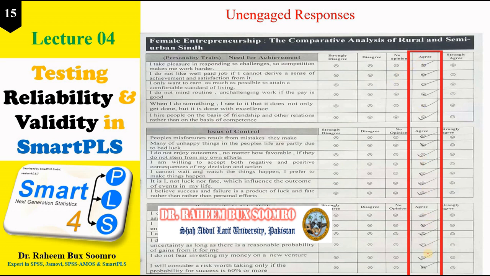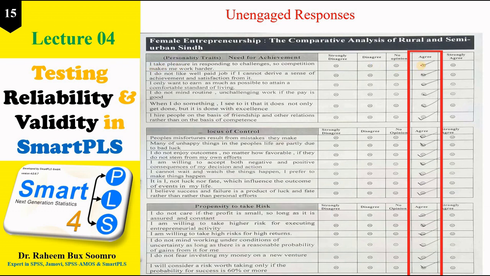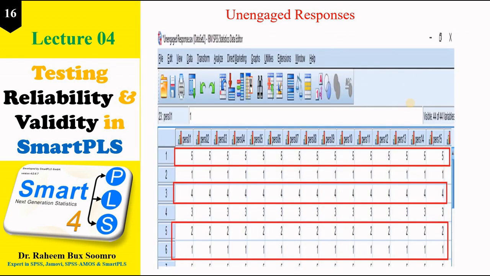All these are unengaged responses. For every question, for every item, the fourth choice, 'agree', has been selected by the respondent. This shows that there is an unengaged response problem with your data. Here you are also looking at 5, 5, 5, 5 against every indicator, 1 against every indicator, and 3, all of which show the unengaged response issue.